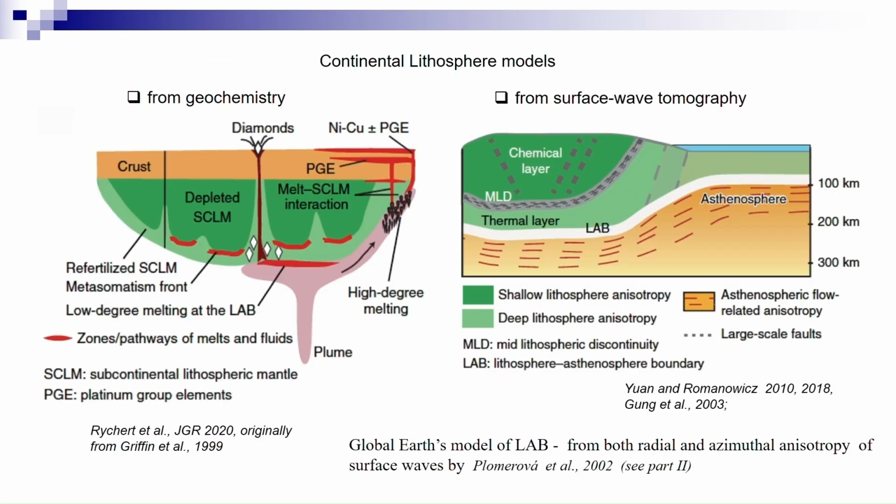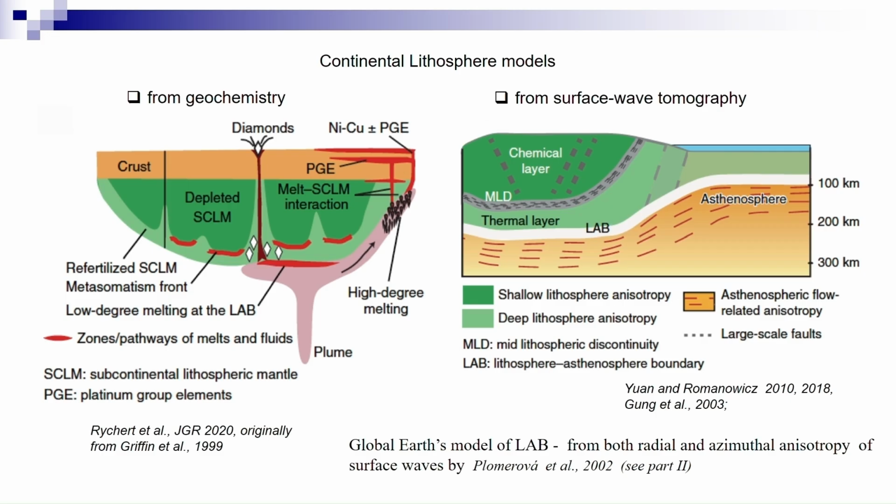This slide presents two models of the continental lithosphere. The model from geochemistry considers the presence of zones of melts and fluids and formation of diamonds at the base of the lithosphere. The surface wave tomography model includes seismic anisotropy in the asthenosphere, which might enhance the lithosphere contrast across the LAB.